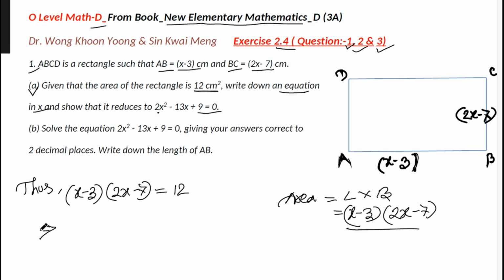So if we multiply x by 2x, it will be 2x square, and x multiplied by minus 7, it will be minus 7x, minus 3 multiplied by 2x, it will be minus 6x, and minus 3 multiplied by minus 7, it will be plus 21. And if we take 12 from the right side to the left side, it will be minus 12 is equal to 0.